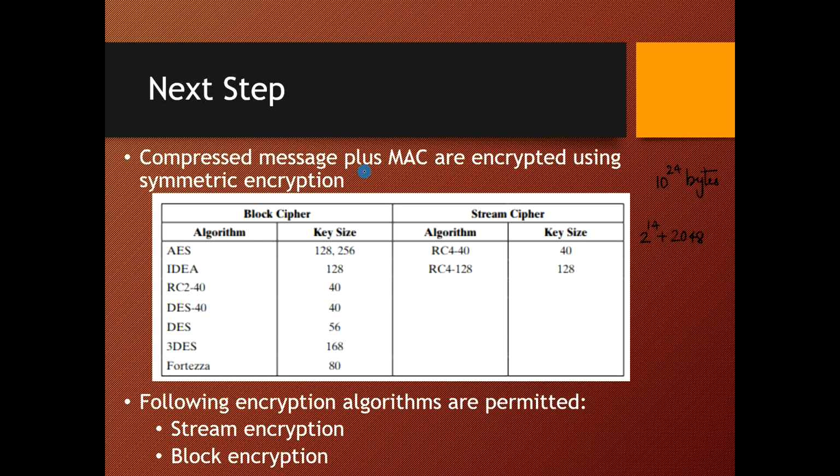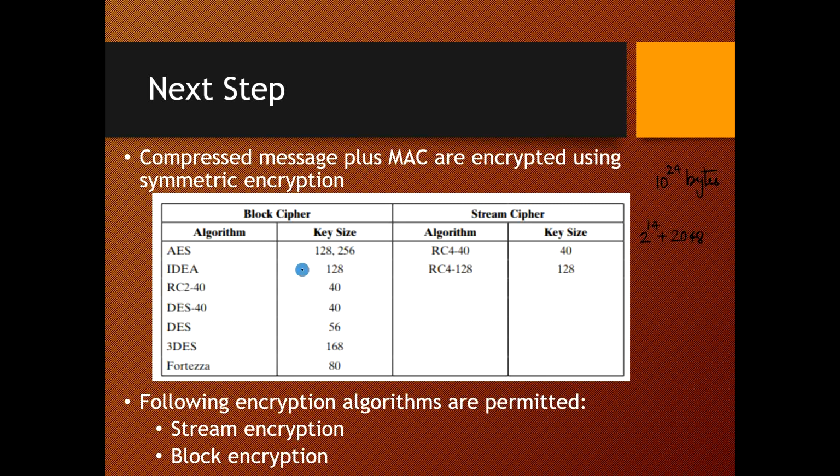The MAC will be encrypted along with the plain text. If you are not performing compression, it will be encrypted along with the plain text. If you are performing compression, it will be encrypted on the compressed plain text.